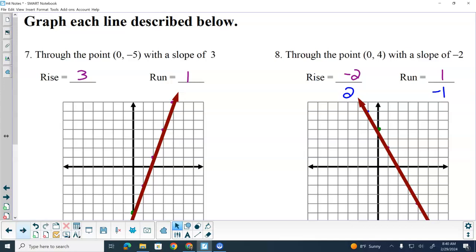What's the same in all of those? No, it has nothing to do with rise over run, because it's not a slope, it's a point. No, they don't all start at the origin. That's 0, comma, 0. They all have 0 for their x.